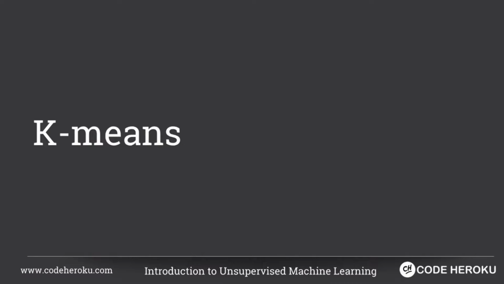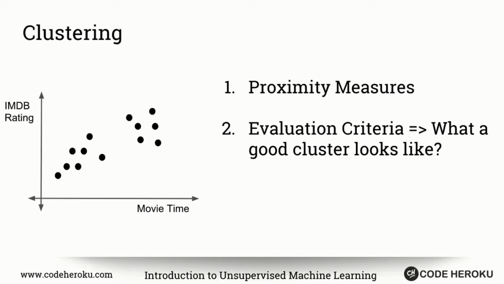The first one is a distance measure, which could be a Euclidean distance, a Manhattan distance, or maybe even cosine distances, right? And the second one is some sort of evaluation criteria to look at those clusters and see whether you have got a good cluster or not. So keep these two things in mind as we go ahead.